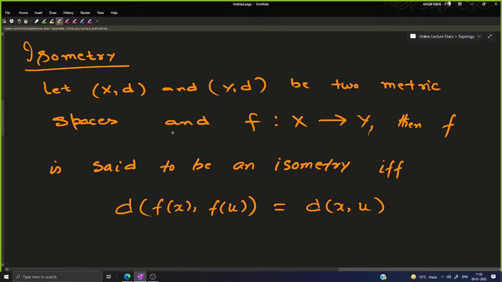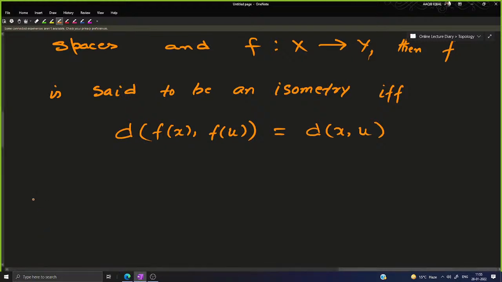We say a function acting between two metric spaces (X, d) and (Y, d) is an isometry if and only if the distance between images is same as the distance between the points. अगर ऐसा है, we say the function is an isometry.